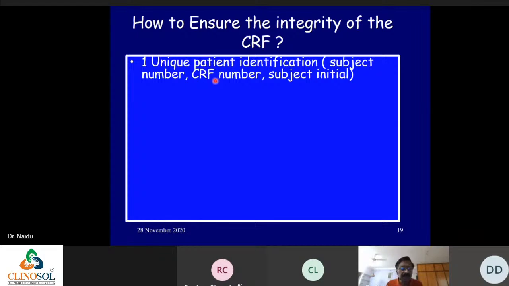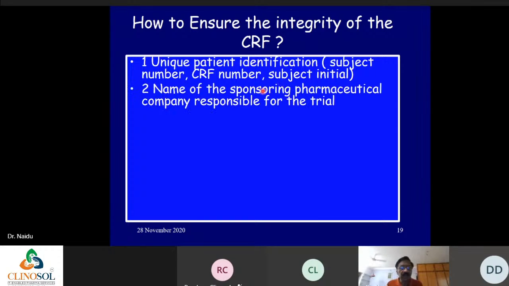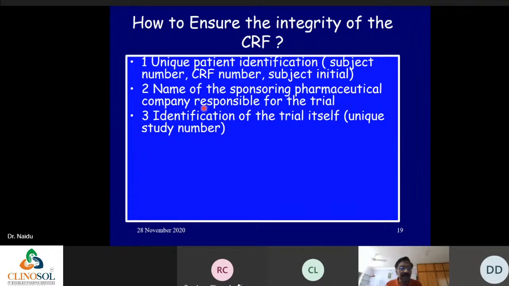There must be a case record form number and subject initial. Number 2, the name of the sponsor, the pharma industry company responsible for the trial, must be there on the case record form as well as on the protocol. Identification of the trial is a unique study number. Each clinical trial has its unique study number that should tally.